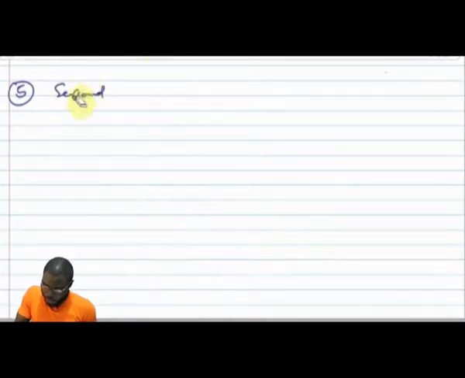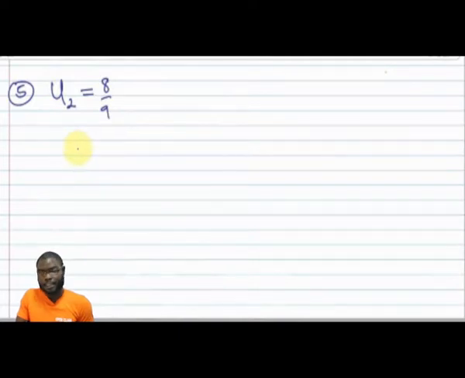Sorry, let me clean out. Second term, so let me call it U2. Second term is equal to 8/9, and the sixth term, say U6, equals 4 whole number 1/2, which is the same thing as 2 times 4, 8, 8 plus 1, 9. We have 9/2.